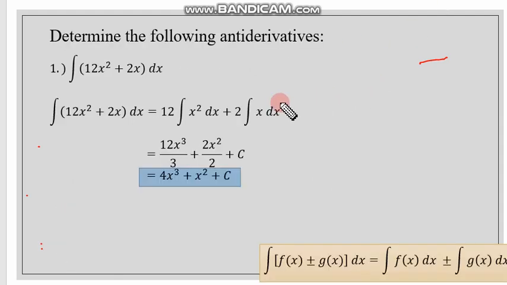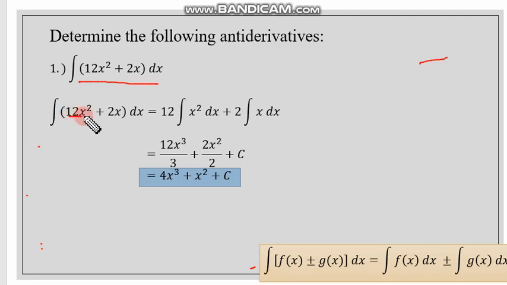Again, for number 1, the integral of 12x squared plus 2x dx. We will use the fourth theorem, which for addition and subtraction, we will just have the individual antiderivative of each function.